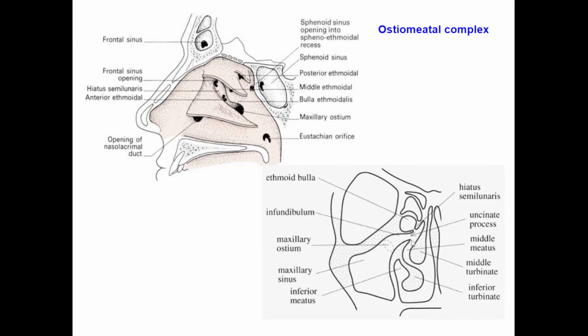And also the infundibulum. Or on this picture, what we can see here is the semilunaris zone, where the anterior ethmoid drains, the place where the maxillary sinus drains, the bulla ethmoidalis, and the middle ethmoid cells.